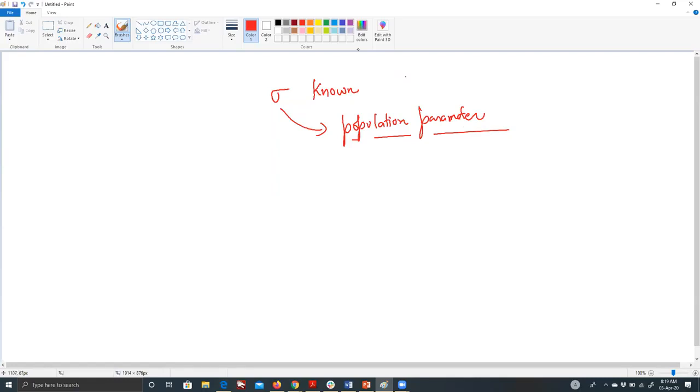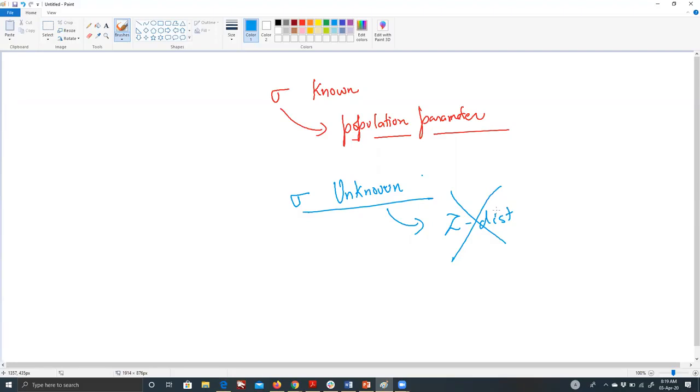Those will be called sigma unknown cases. Now, if sigma is unknown, you won't be able to apply the z distribution, because the z distribution takes the assumption that you do know the population parameter.